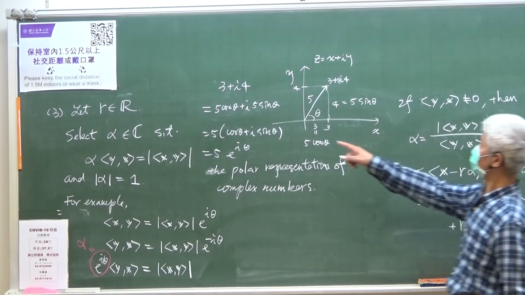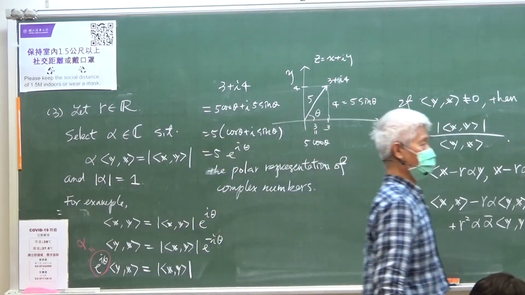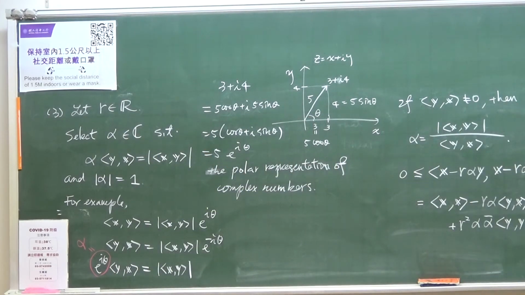Remember, r is a real number, so the complex conjugate of r is equal to r itself.